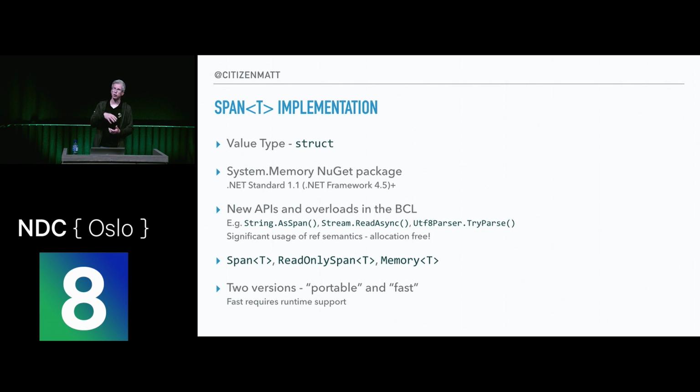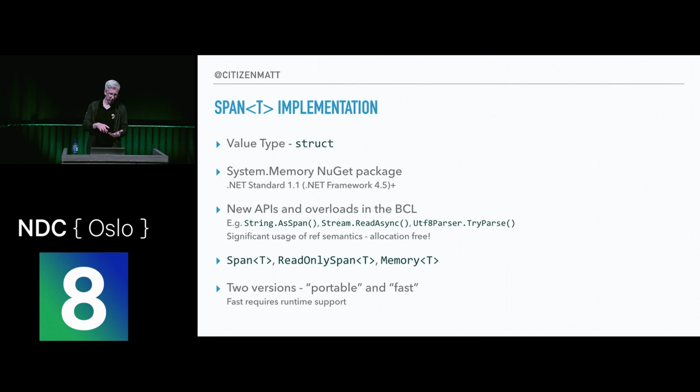So you can convert a string to a span, or you can have streams that, instead of returning an array of bytes, return a span. And also for parsing blocks of text, like a UTF-8 parser, converting a string into UTF-8 text. And the whole point of this is that it makes huge use of all the ref semantics we've just been talking about to get a whole load of allocation-free stuff going through.